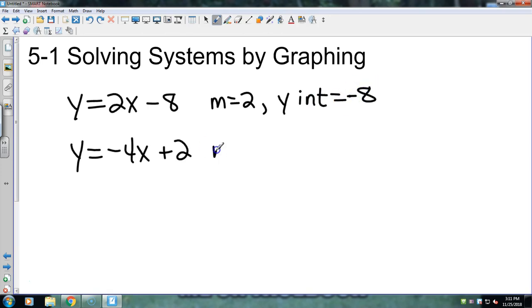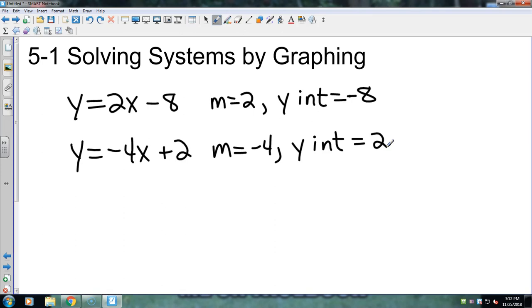And the second one, we have a slope of -4, and we have a y-intercept of 2. And because now there's two of them, it's called a system. Okay, systems work together, they work off of each other.